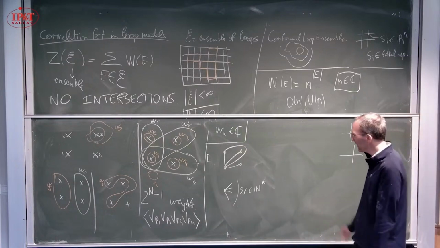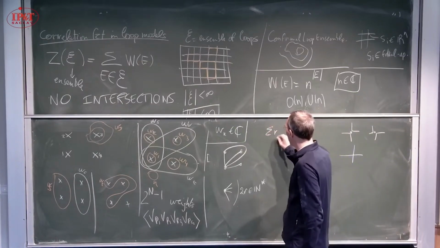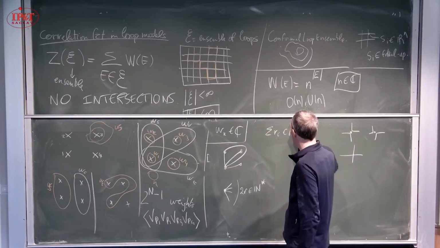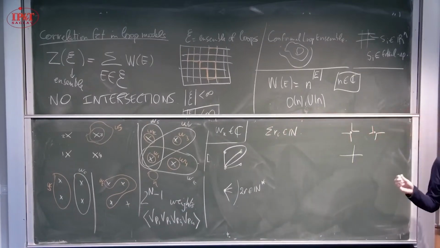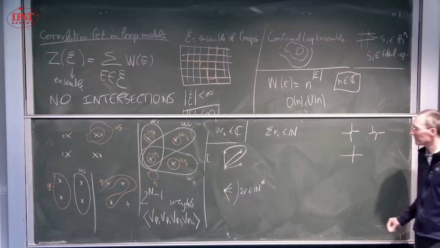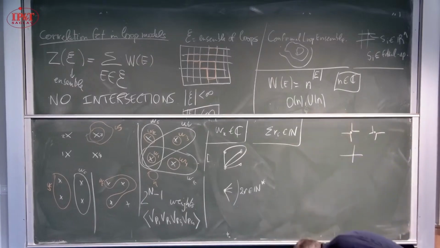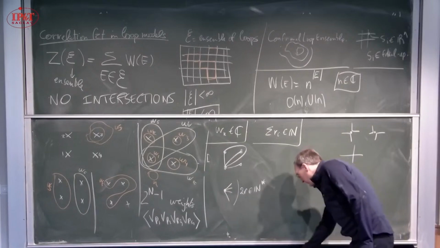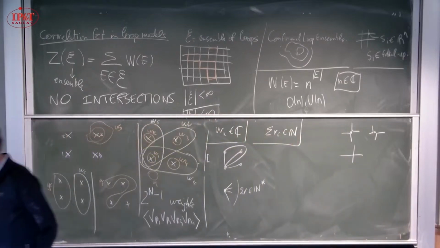And in fact, I already get a very nice result, which is that in any loop configuration, the sum of the R will be some integer, because I have to connect all my open loops with some other open loop. And now, what about the weight of the configuration? I mean, does it depend on these open loops? And that's where things become maybe a bit more subtle.